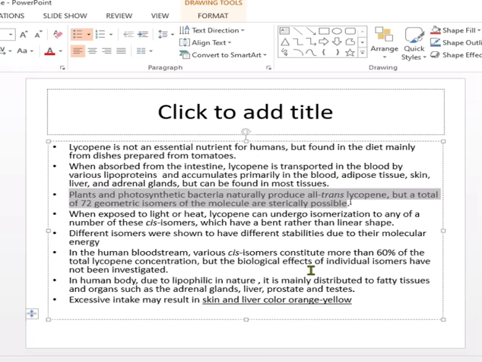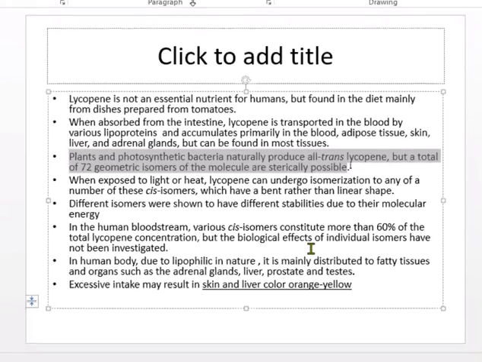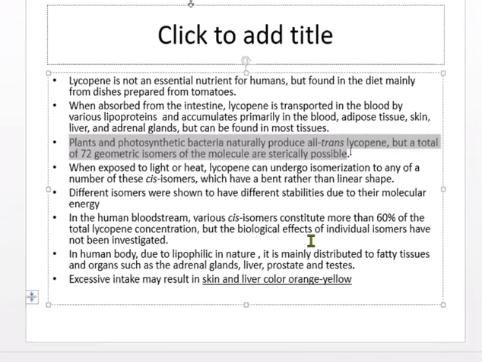In the human bloodstream, various cis isomers make up more than 60% of the total lycopene concentration, but the effects of the individual isomers have not been investigated. In the human body, due to its lipophilic nature, it is mainly distributed to fatty tissue and organs such as adrenal glands, prostate and testes.